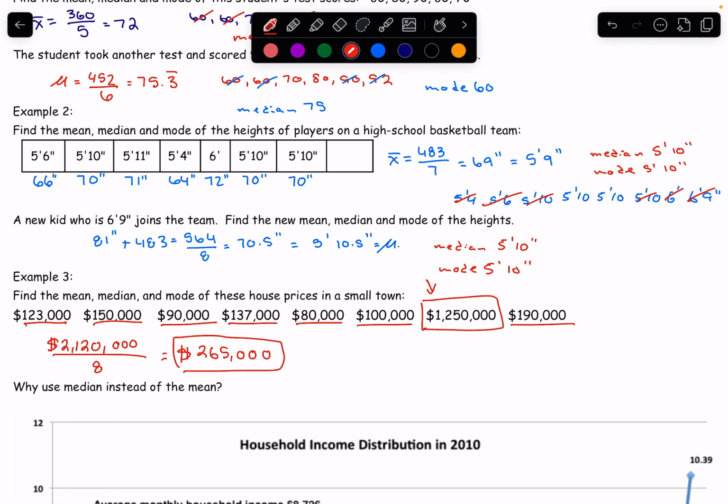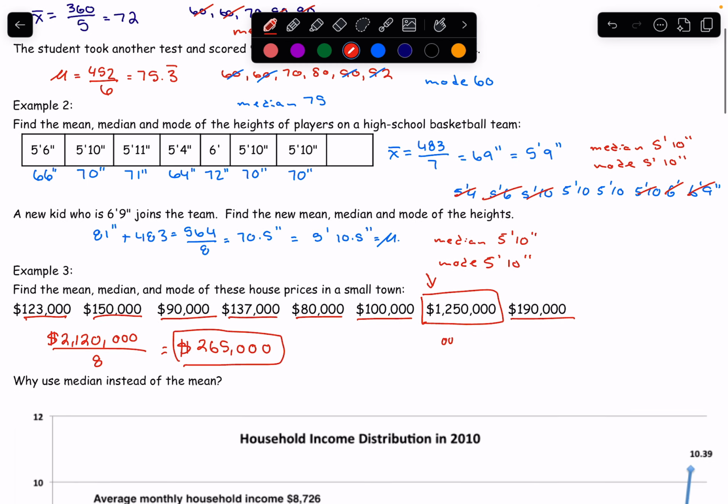So as powerful as the average is, when you get these numbers, we call these outliers. When you get these outliers, it really messes up the average because it makes it way bigger or way smaller because of one value.